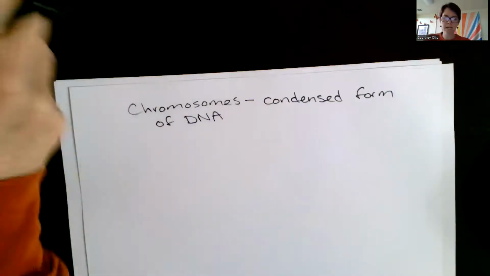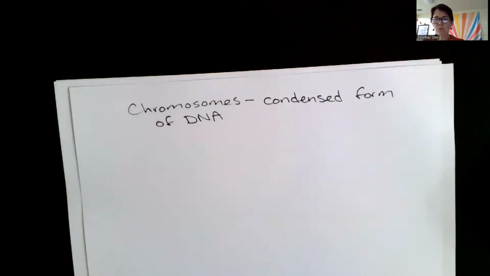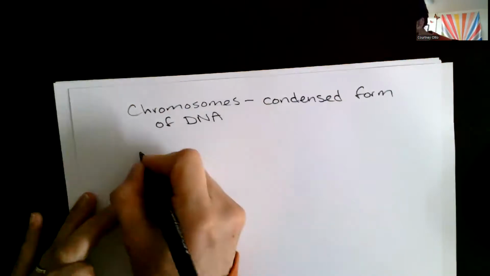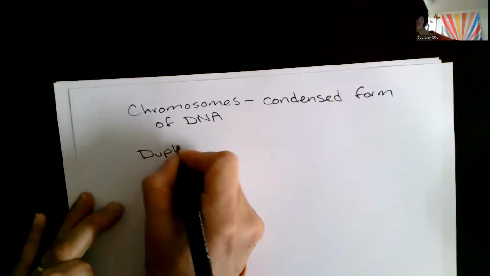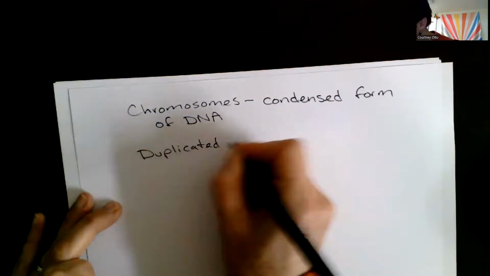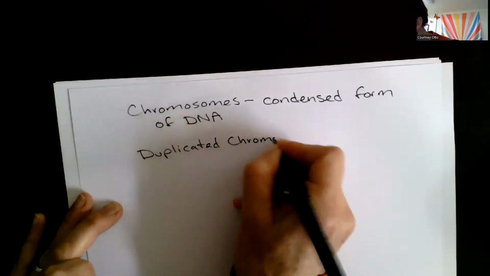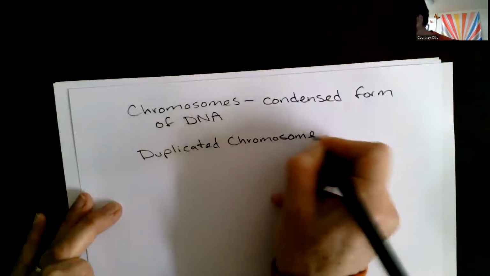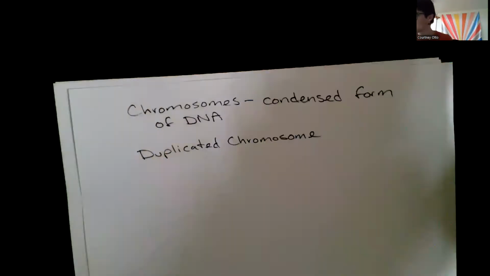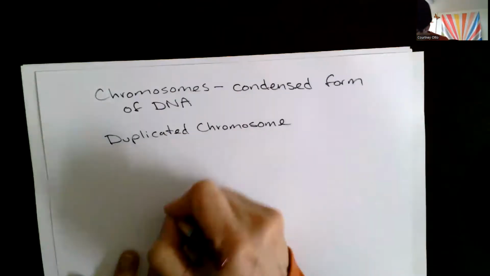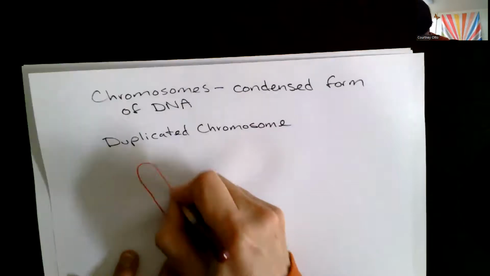It's going to have to tightly wind up in order for it to be divided. Now, before it can be divided, right, our DNA is going to be duplicated. And so I'm going to draw what we call a duplicated chromosome. And all I mean by that is that it's already been copied. I'm going to make my particular chromosome red, not for any particular reason, just because.